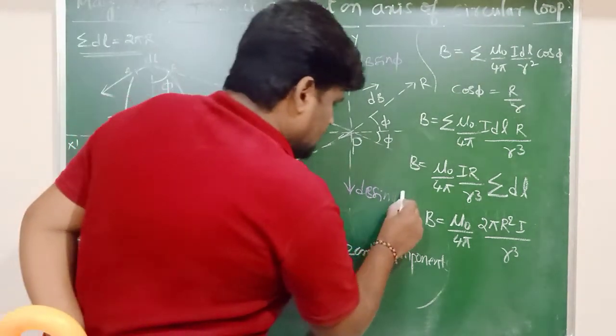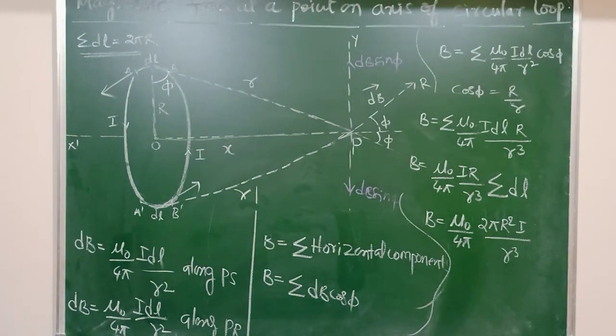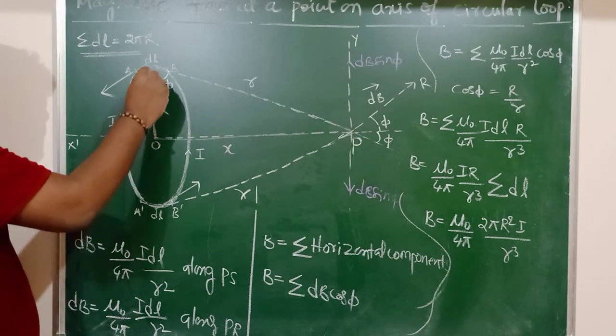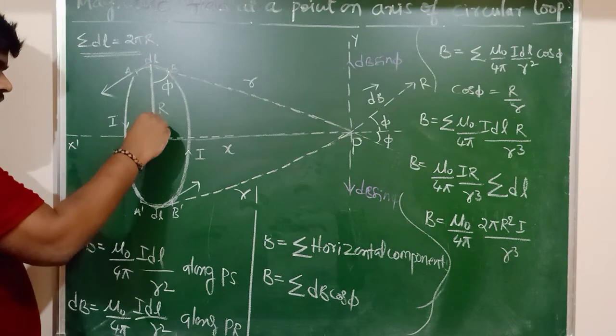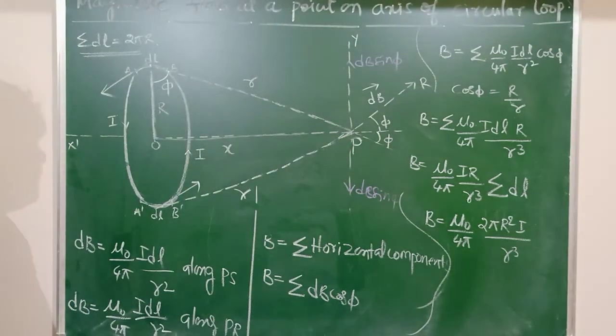Next we'll determine the value of small r cube here by using the Pythagoras theorem. Once again I will take the same triangle, DLOP triangle, in which we apply the Pythagoras theorem.